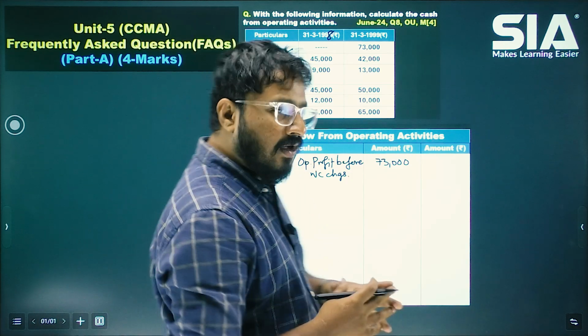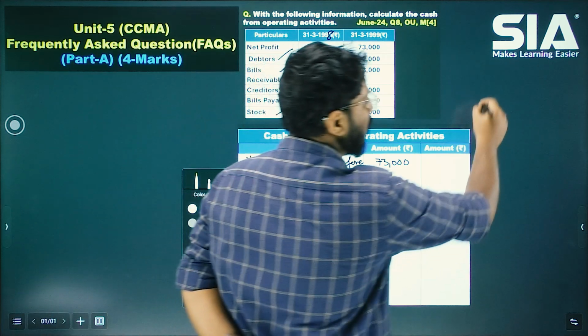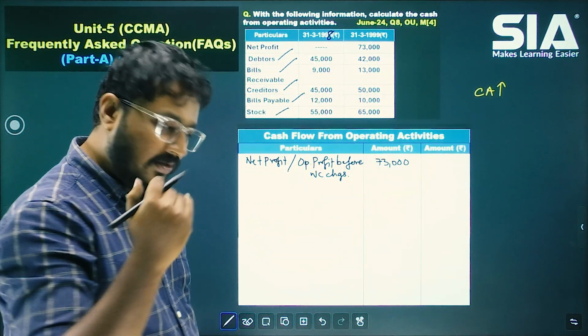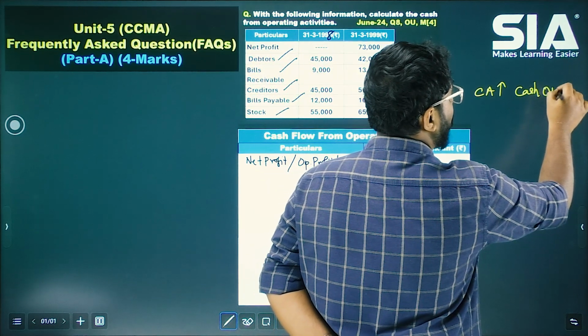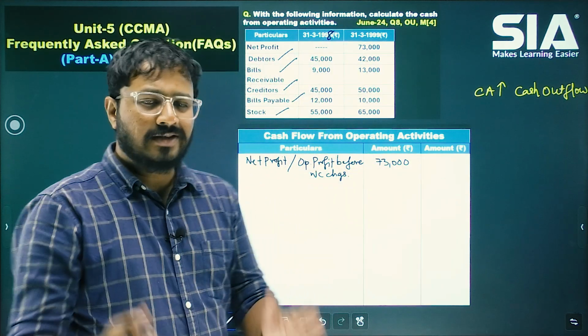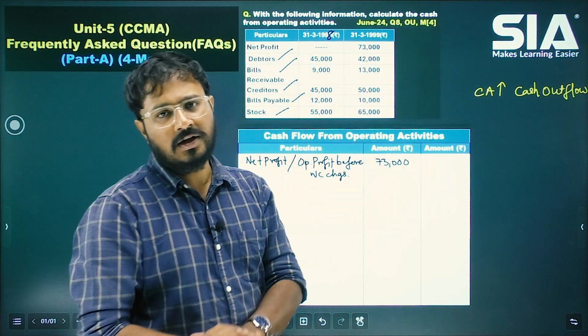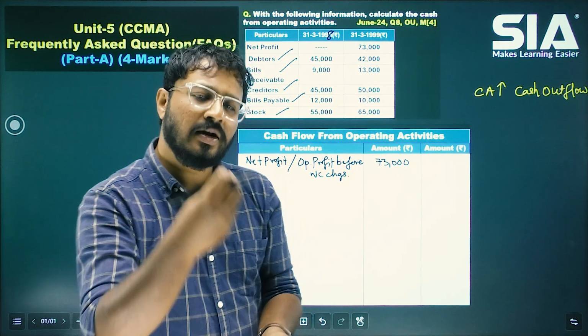Now we know whenever there is an increase in current assets, it means that cash is going out. This will result in cash outflow. For example, if stock is increasing, it is because I'm purchasing stock, and when I purchase, I pay cash.